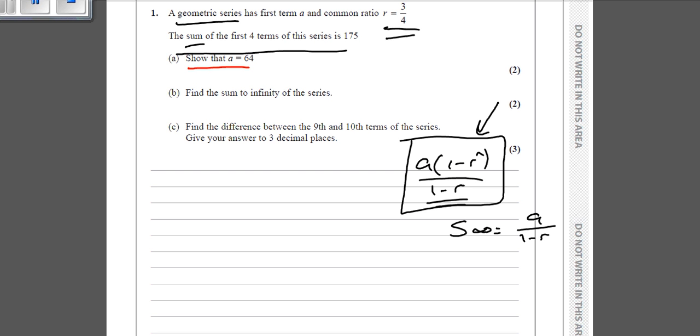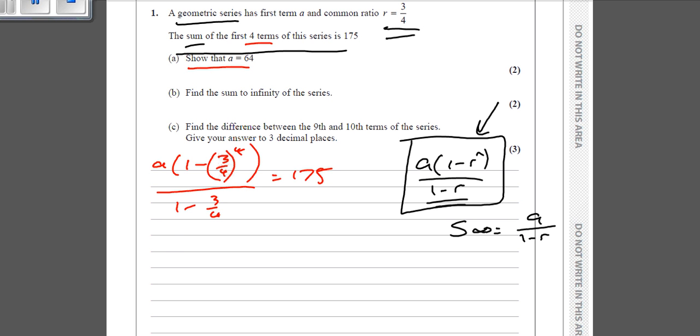We've got to end up with the answer a equals 64. So it's going to be a lots of 1 minus the ratio, which is 3/4, to the power of n, which in this case is 4, all over 1 minus 3/4, and that equals 175. So that's going to be our first step.